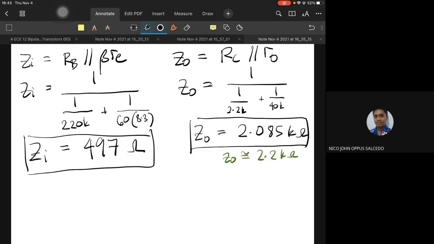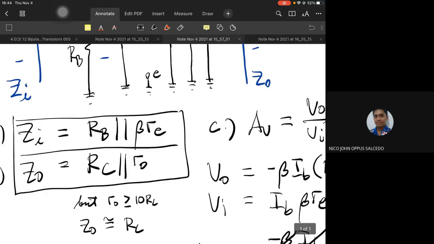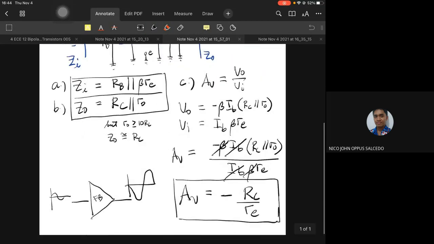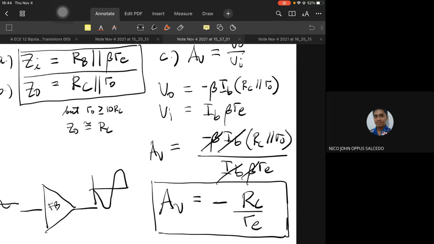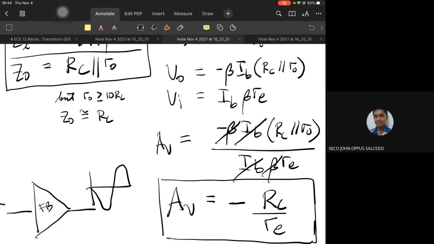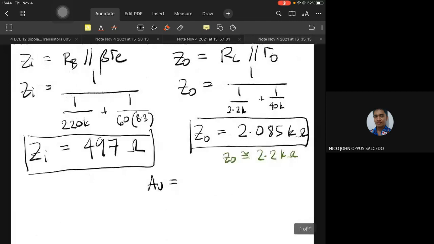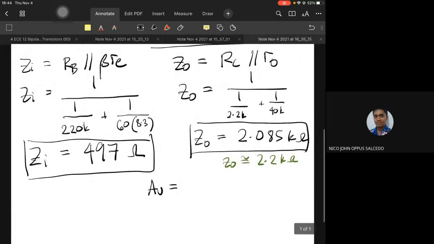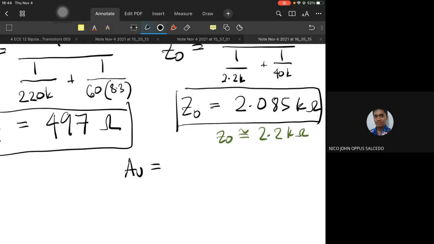Alright. Good. So last is voltage gain. Voltage gain is RC over RE. Or kung maning RC parallel RO, which is ZO over RE.